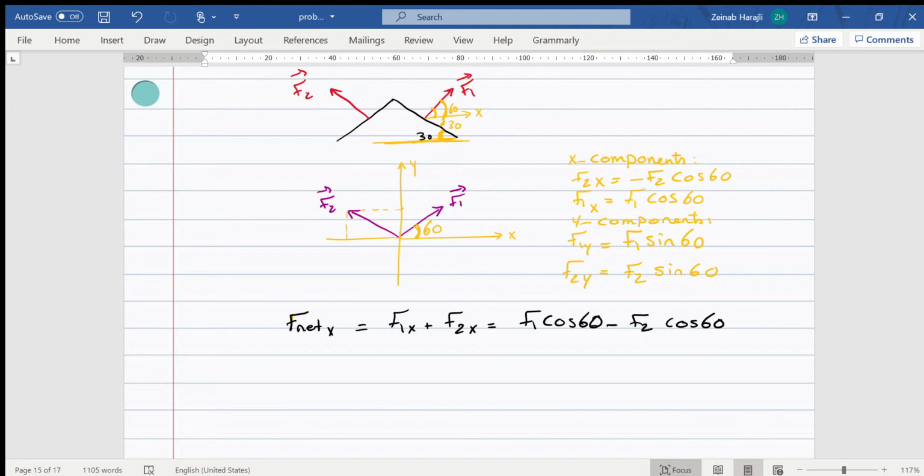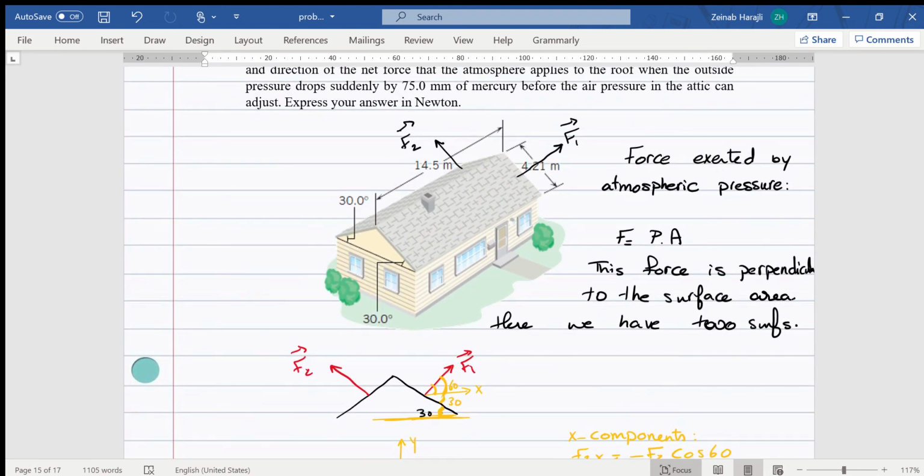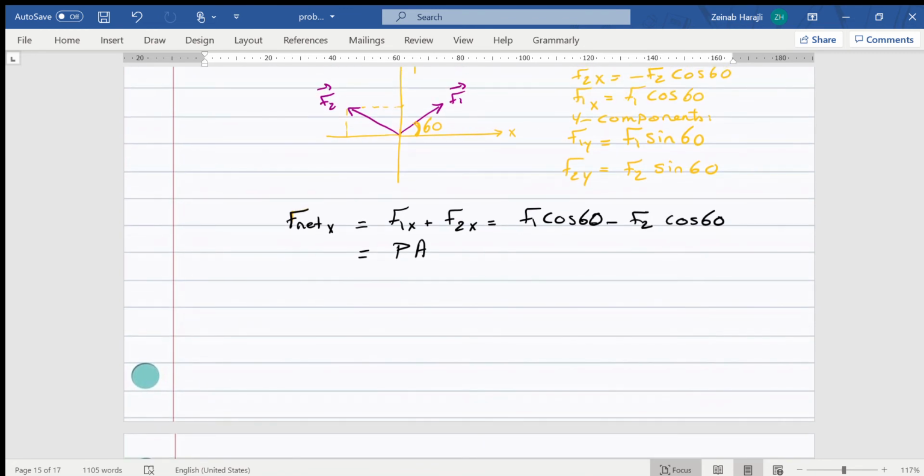And then let's look at the two forces. We said F1 will be the pressure times the area. Now the pressure is the same everywhere because we have the same drop in atmospheric pressure everywhere. And the areas are the same because the two surfaces have the same dimensions, a length of 14.5 meters and a width of 4.21 meters. So the areas and the pressures are the same, and basically then F1 and F2 will have the same magnitudes.